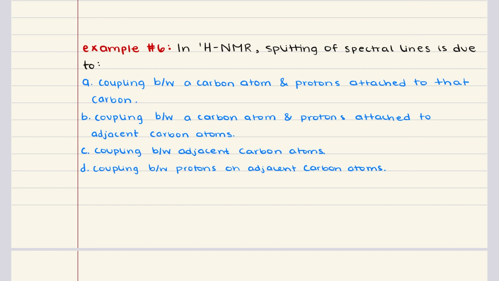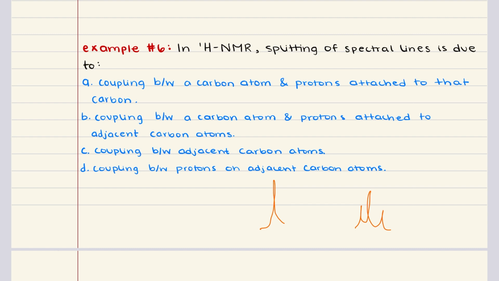These neighboring protons generate tiny magnetic fields that slightly alter the magnetic environment experienced by the proton we're observing. Because of this, instead of seeing one smooth signal, the NMR detects several closely spaced signals, what we call splitting or multiplicity.